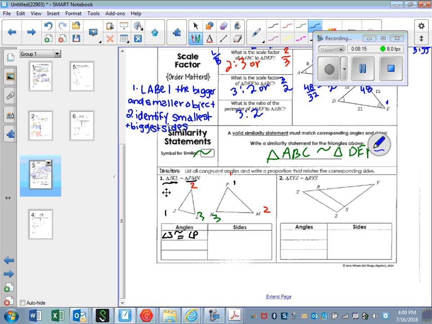Next, for my second set, angle K is congruent to angle M. My last set, angle L is congruent to angle N.